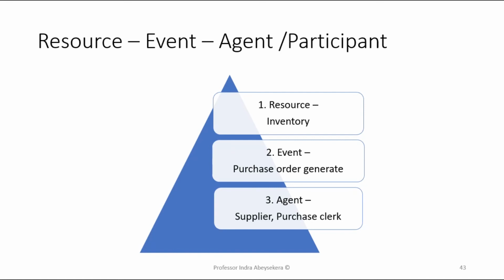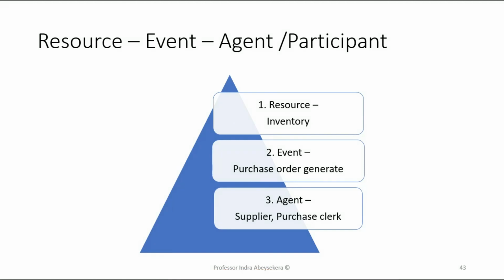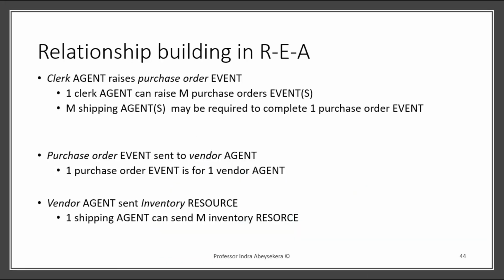And when a database is designed in accounting information systems, there are three categories to consider. One is the resources. The resources relate to assets, whether they are tangible or intangible. Second are the events or the occurrences, whether they are sales, purchases, or human resources. The third are the agents or the participants, are they people, enterprises, and so forth.